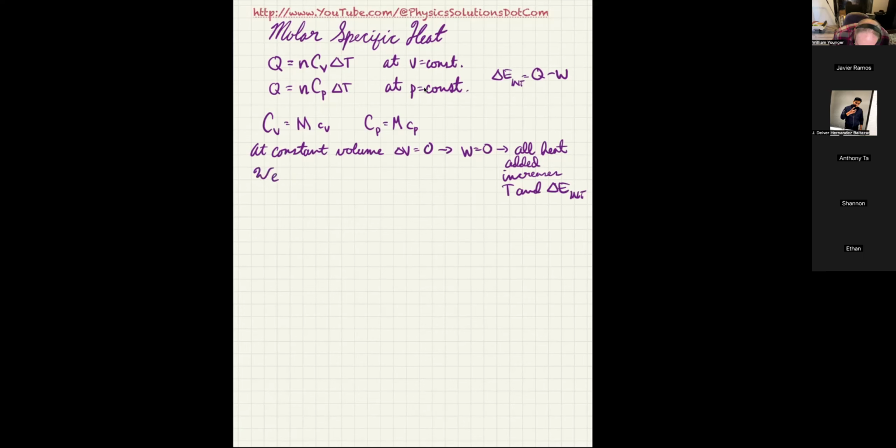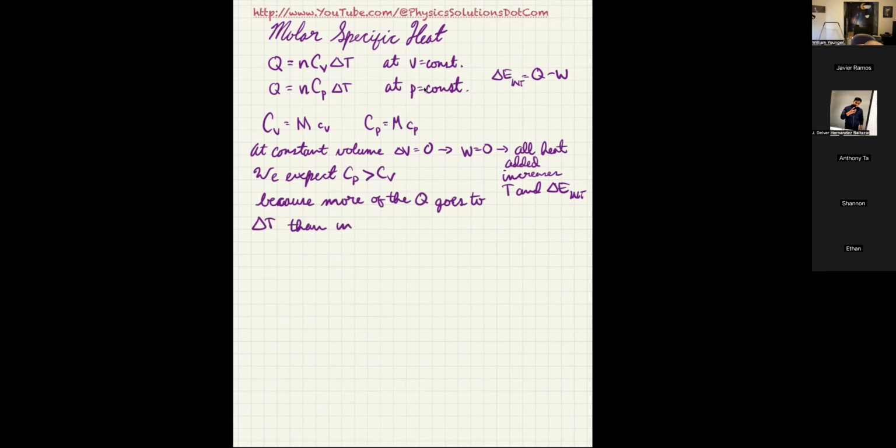We expect CP greater than CV because more of the Q goes to delta T than in the constant pressure.